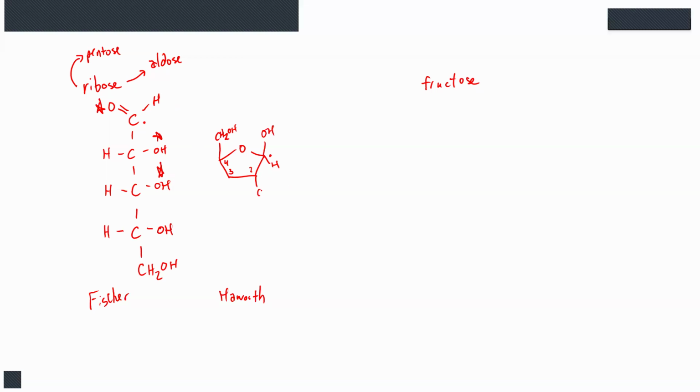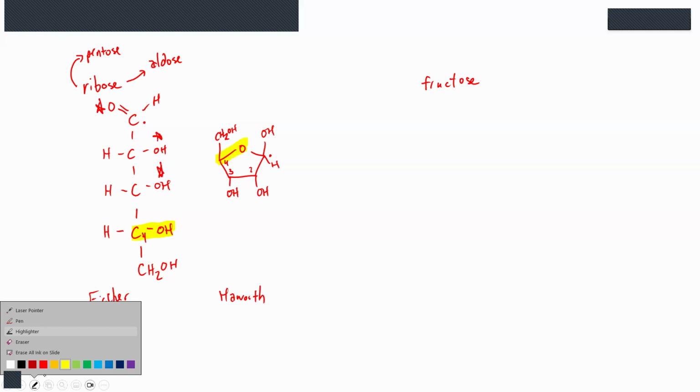So those are going to be OH and OH. Carbon number four, which is this carbon right here, where's that OH group? It doesn't have one because, and I'm going to switch colors to highlight this, that's carbon number four, and it's oxygen that basically came from its OH group. Okay, so that is our Haworth projection for ribose.